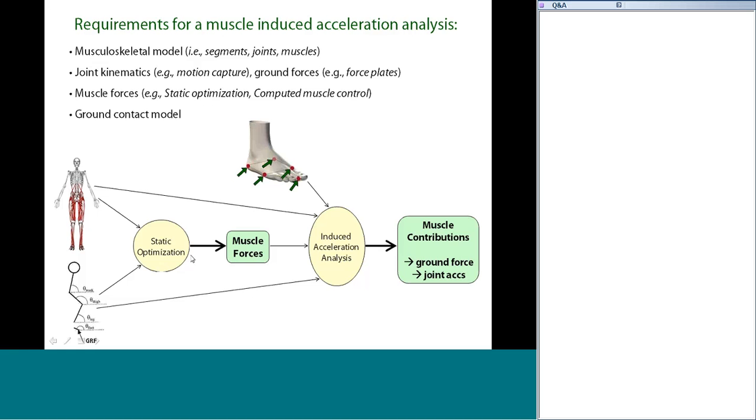So if, for example, your contact model is not consistent with the way that your foot is moving during your experiment, you can have some superposition errors. What I like to think is that the superposition error is just an inconsistency between your ground contact model and the dynamics and the kinematics of how your foot moves during the experiment. So if you have a perfect contact model and a perfect set of foot kinematics, then you're going to get zero superposition error.